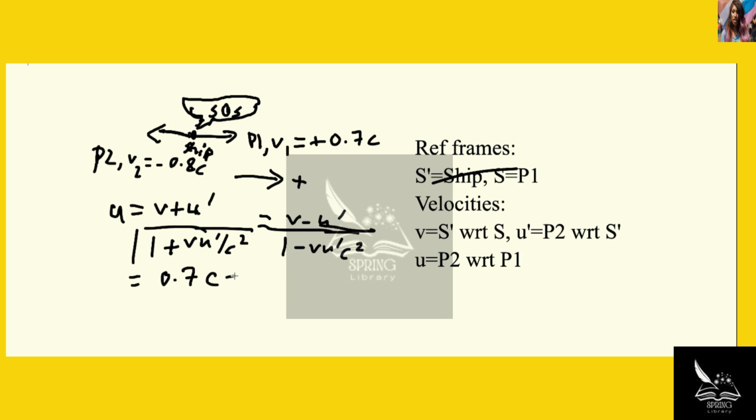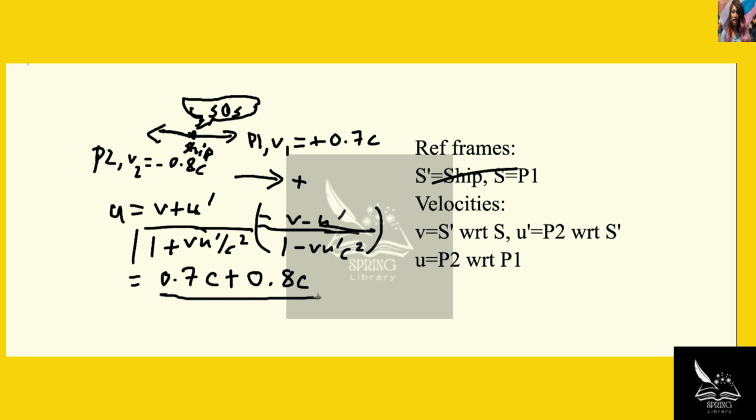Which is why we have a minus here, so positive 0.8 c. Okay, so 0.8 c is u prime, and it's basically the negative of v2 because you're moving away from P1.